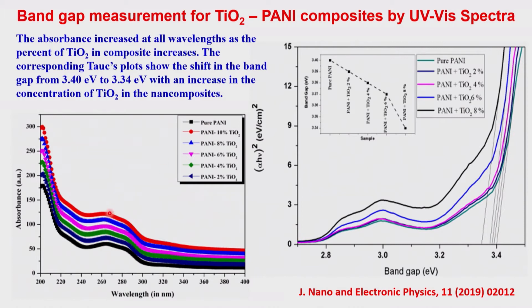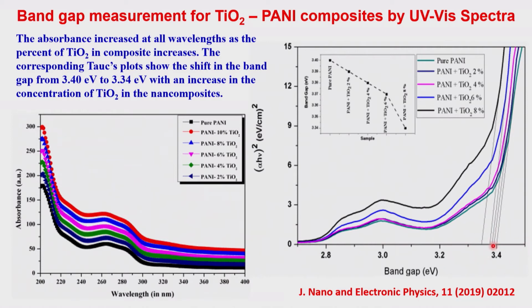So what is happening? Your absorbance at all wavelengths is changing, and of course the peak positions are also changing. From this, by making Tauc plots, you can convert these. These are the Tauc plots: from the slope of each of these lines, where the vertical line crosses the x-axis, you get the band gap.